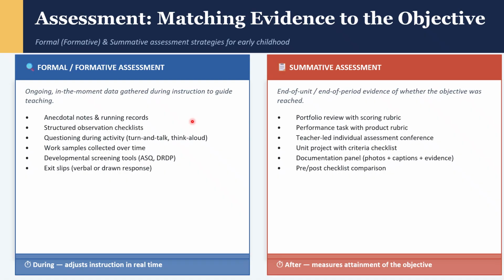There's formative, which happens all the time, every day, constantly. It's one of the reasons why teachers are tired, right? Because we're constantly doing this. And then there's summative, which is more of the pinnacle. When I think of the word summative, I think of the summit of a mountain, the very top, like you've climbed the mountain. We're going to see what we know.